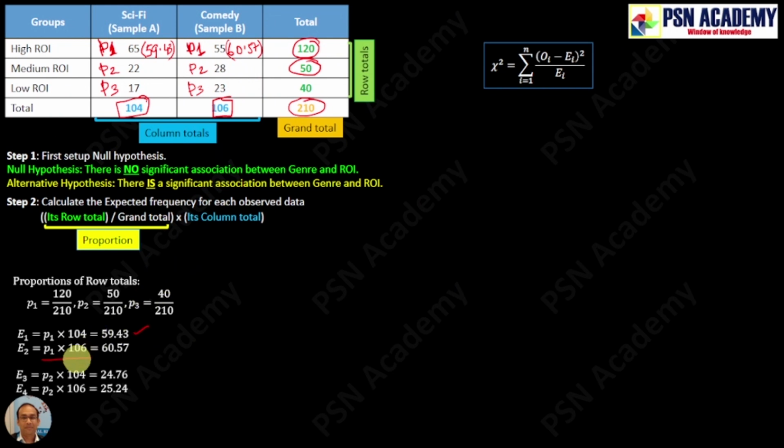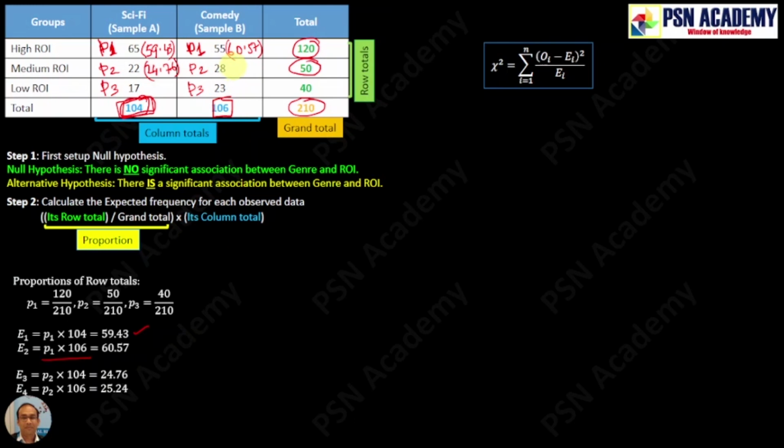Similarly, you can go with the E3 and E4. E3 means this cell, this 22. This P2 will be multiplied with 104 because 22 is standing on the row 2 and the row 2 is dealing with P2. So P2 times 104 will give you 24.76. And on this side, this 28 is also dealing with P2, but it should be multiplied with 106, right?